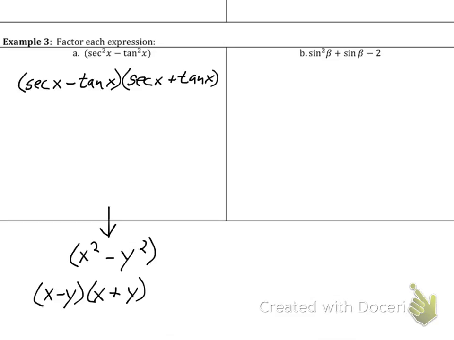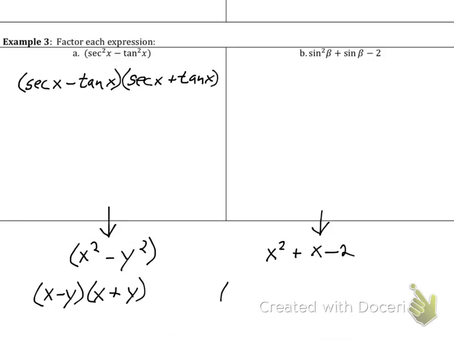Same thing if I have sine squared plus sine minus 2. If you're good at this, you don't have to convert it to x's or y's. I just want you to think about it in those terms. It can make factoring a little easier, because sometimes factoring can be tough on its own. So I'm thinking of this as being x squared plus x minus 2, and it's the exact same problem.